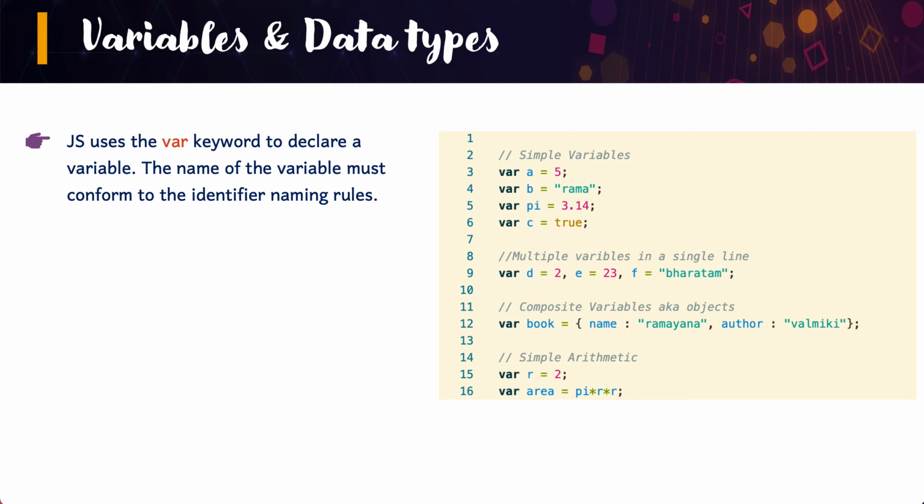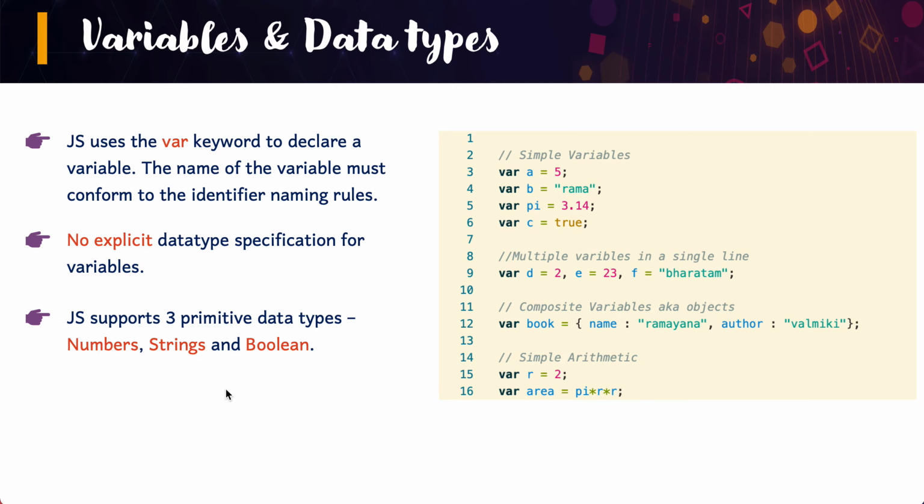You can see A has a value of 5, B has a string Rama, pi is a variable that is a floating point literal 3.14, and then C is a Boolean variable. JavaScript automatically deduces the type of the variable based on the value that is being assigned. Therefore, there is no explicit data type specification for variables. This is very different from some of the statically typed languages or strongly typed languages.